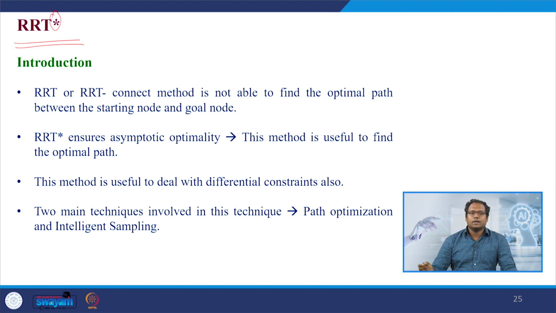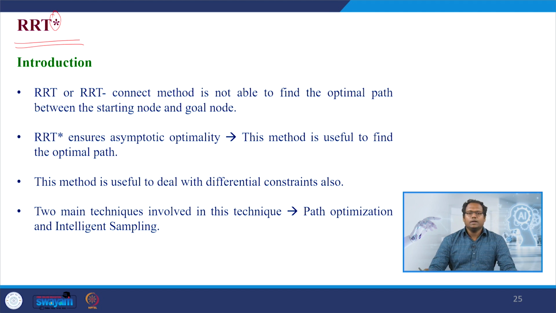But the RRT star planning approach ensures asymptotic optimality, and hence this approach will find the optimal path. This RRT star method is useful to deal with differential constraints as well.